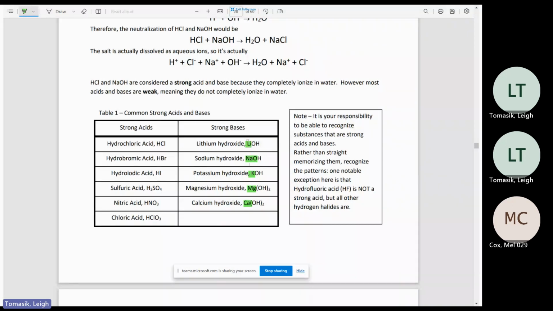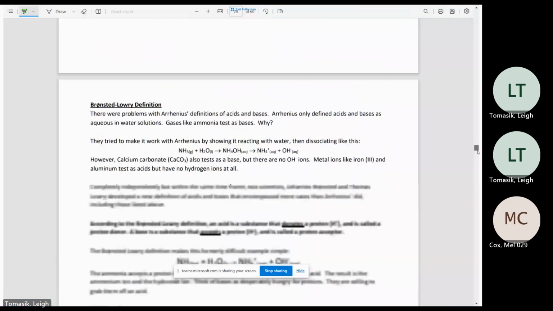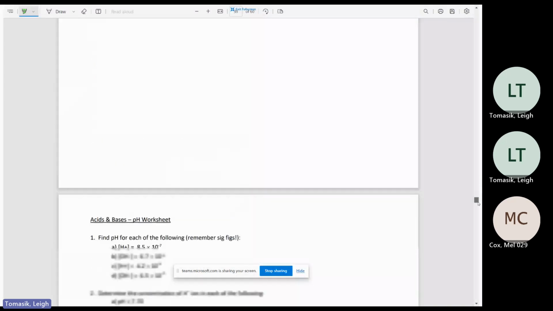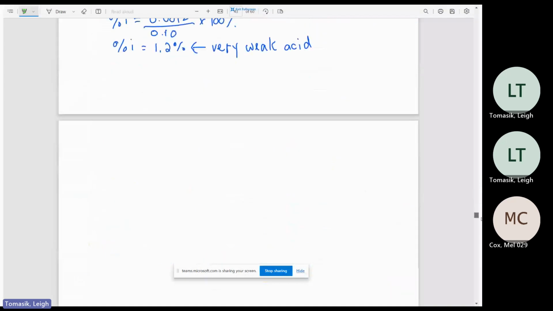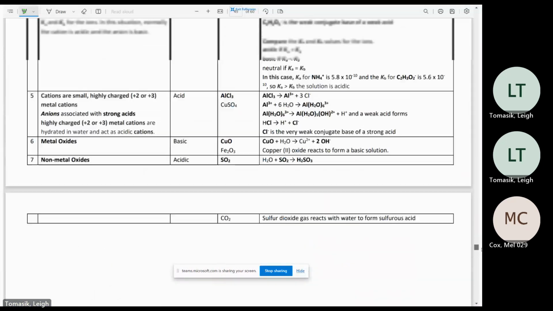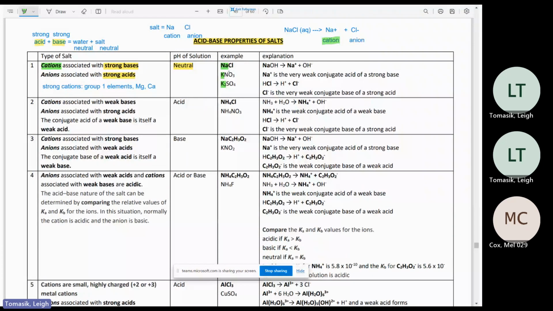Okay, so the metals are group 1 and group 2 metals. Okay, so you can see that in all of our neutral salts, the metal component or the cation, the beginning, are all group 1 and 2 elements.